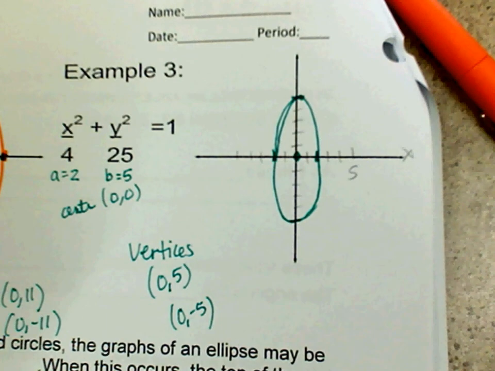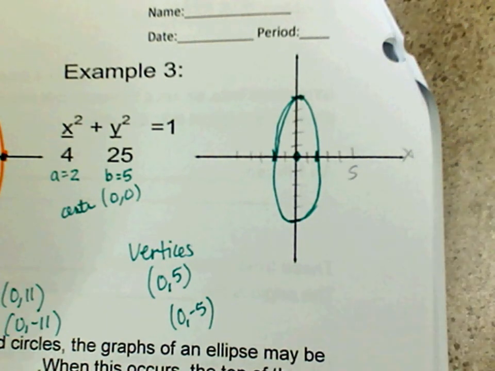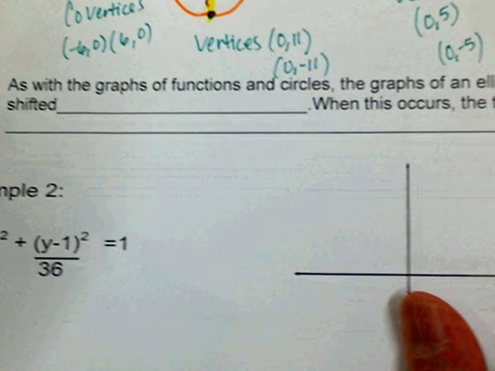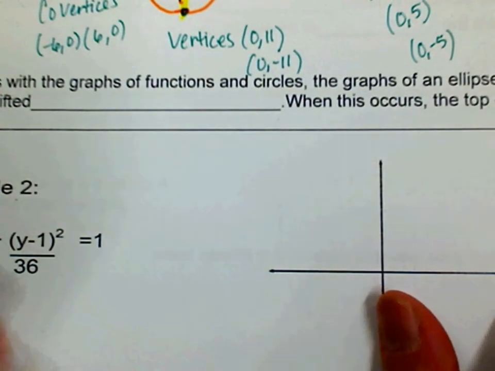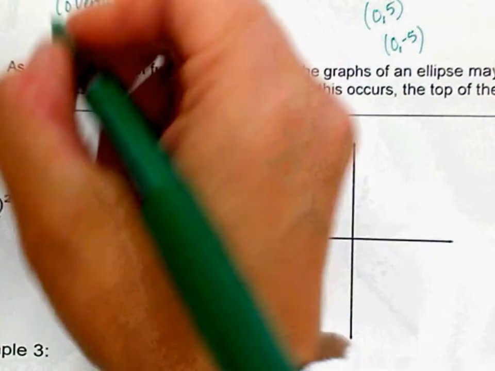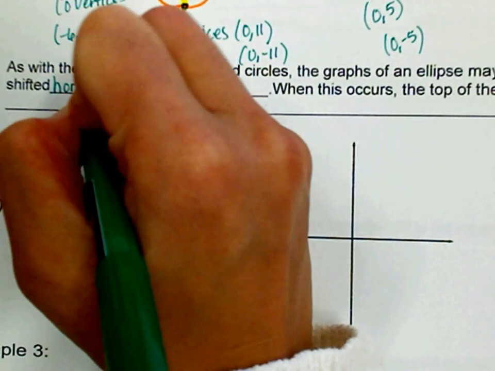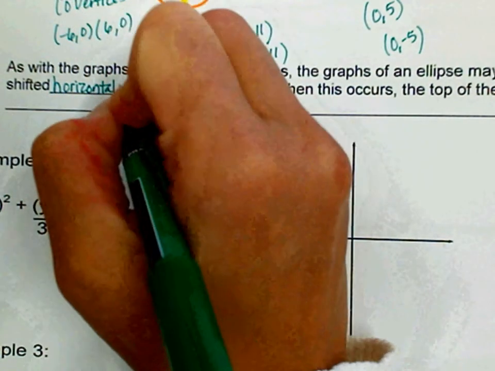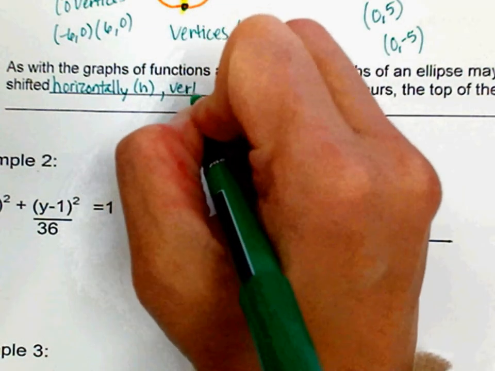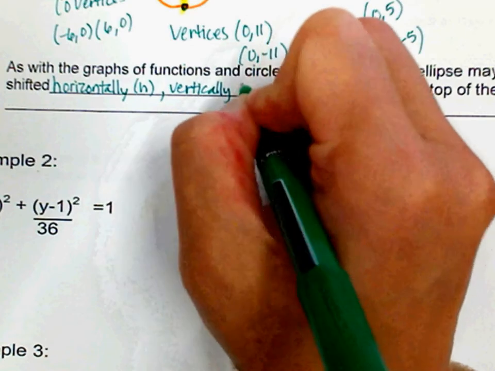All right. Now, as with the graphs of functions and circles, the graph of an ellipse may also shift. It might shift horizontally, which will be your H, or it could shift vertically, which would be your K, okay?